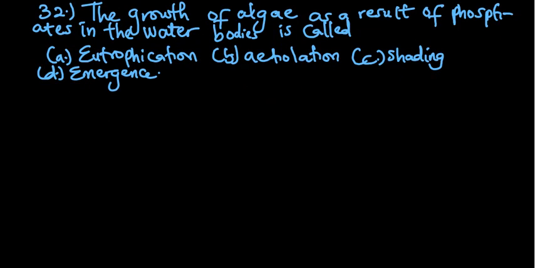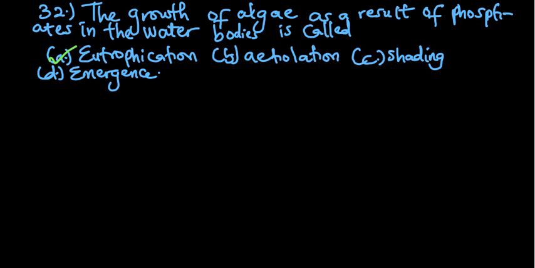The growth of algae as a result of phosphates in the water bodies is called? The answer here is eutrophication. So what is eutrophication?